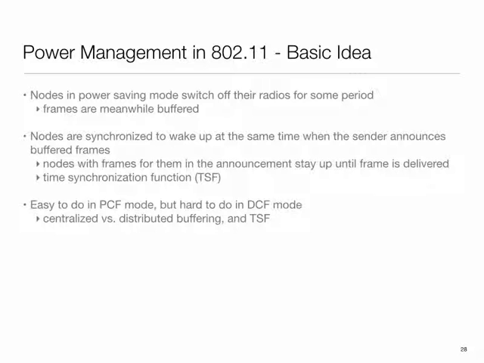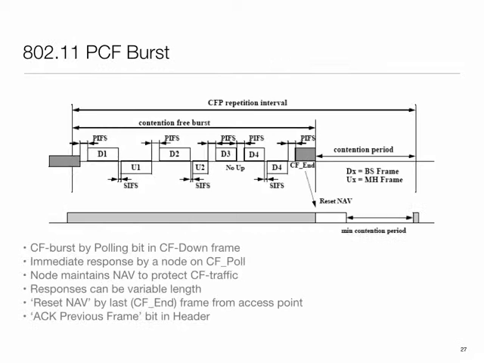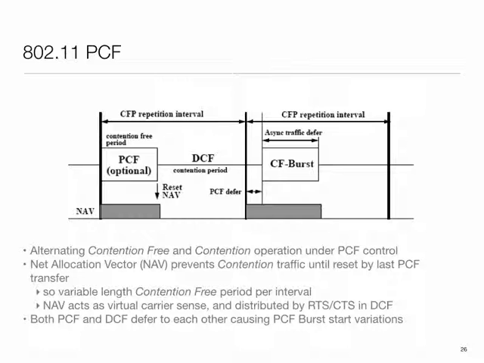So, going back, in this periodic mode, every so often the base station advertises, I have packets waiting for nodes I, J, and K. It sends out a table which lists which nodes have packets that have arrived and are waiting there.